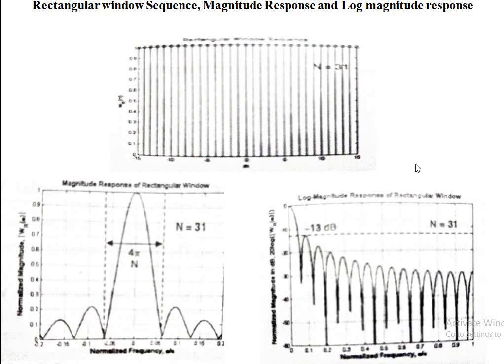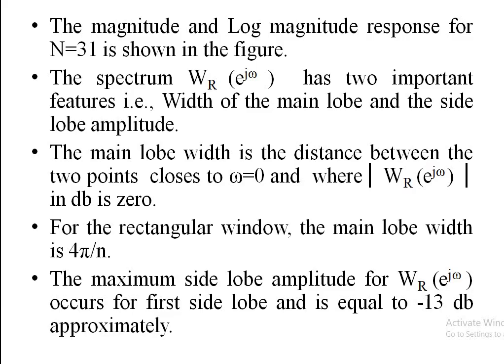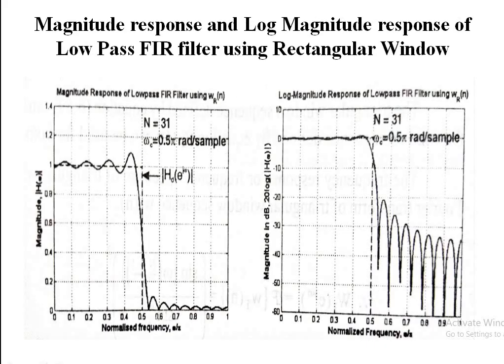I would like to explain these terms with respect to the magnitude response of a low pass FIR filter designed using the rectangular window. Whenever we design a low pass FIR filter using a rectangular window, for N equal to 31 and cutoff frequency equal to 0.5 pi radian per sample, that is simply pi by 2 radian per sample, the magnitude response is something like this, and the corresponding log magnitude response is shown in this figure.